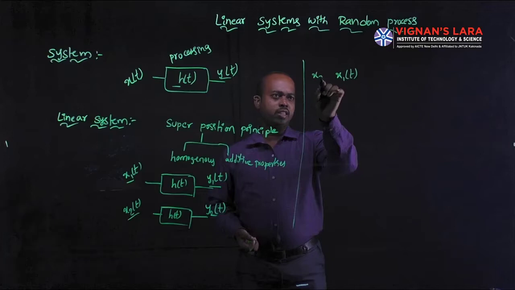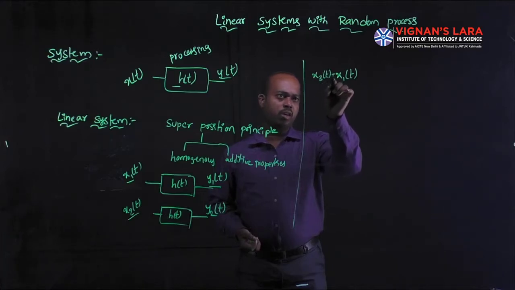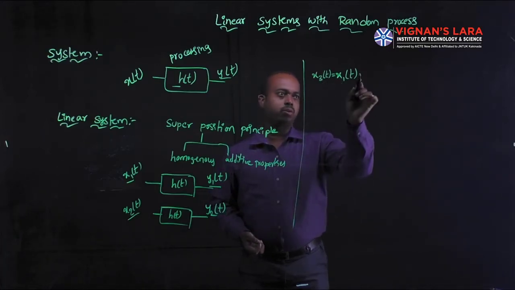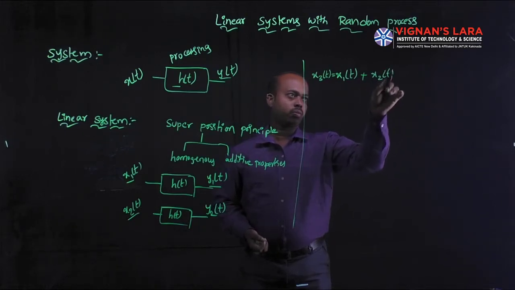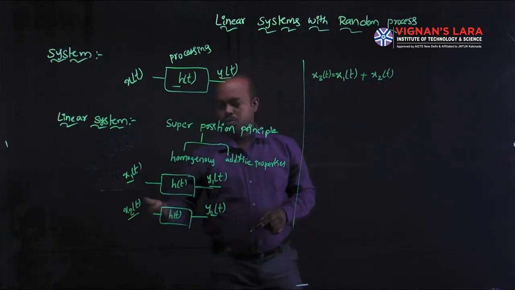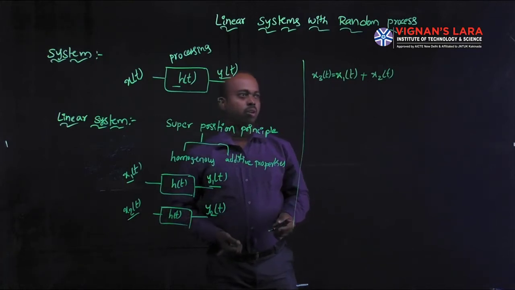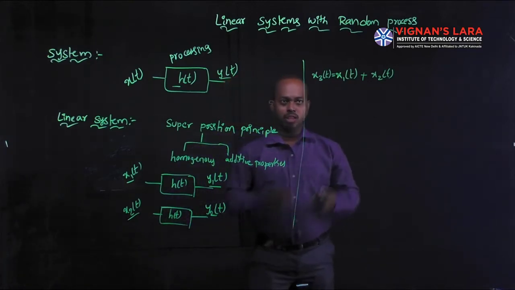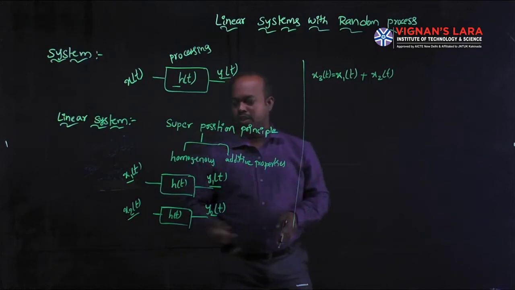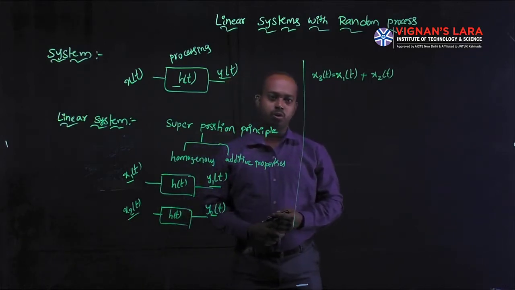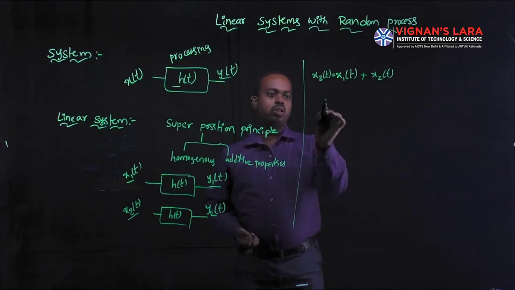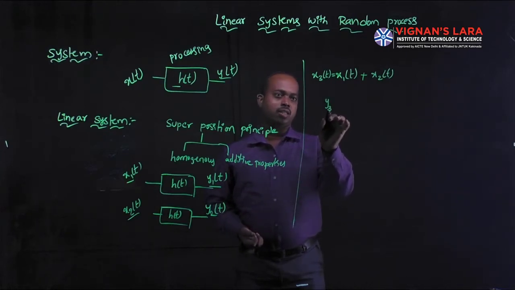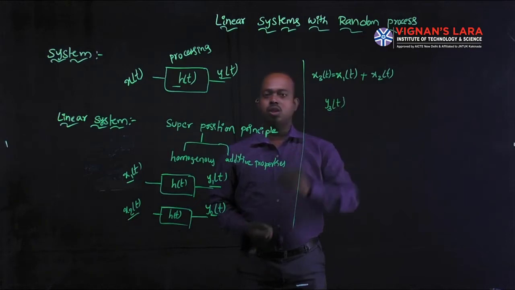Adding these two inputs, we treat the sum as a third input. Now you can apply this third input to your system. Its response is y3 of t.